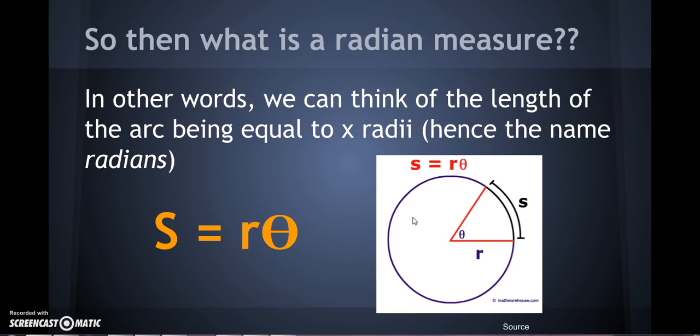Another way to think of it is that if you have an angle of x radians, then your arc length is going to be equal to x radii. Whatever the length of the radius is, however many radians you have, that's how many radii you're going to have. So you can see those words are basically the same, and you can probably suspect that's where the name radians came from. And here's a relationship to model that.